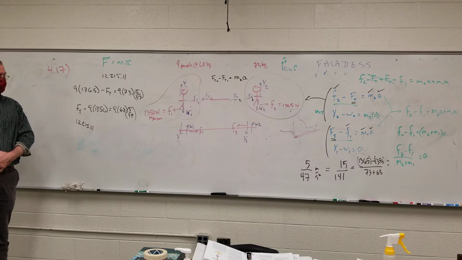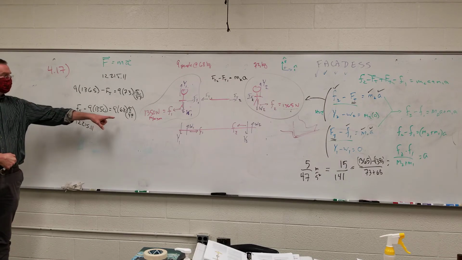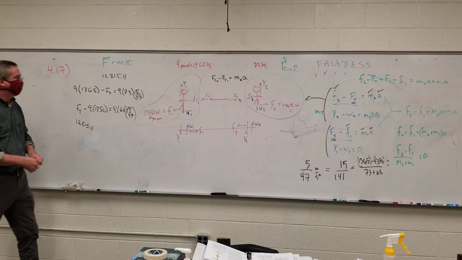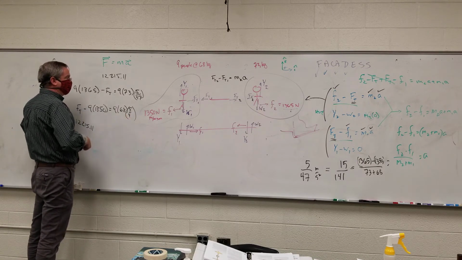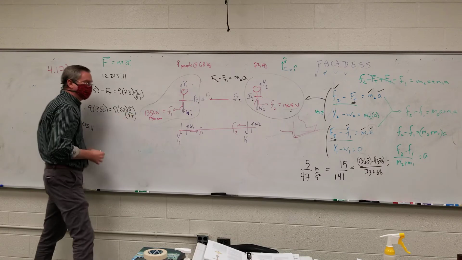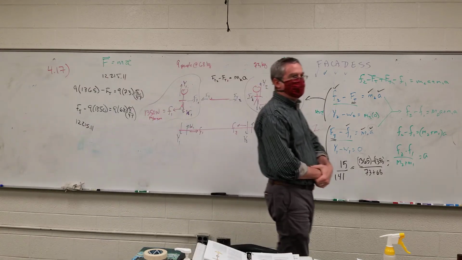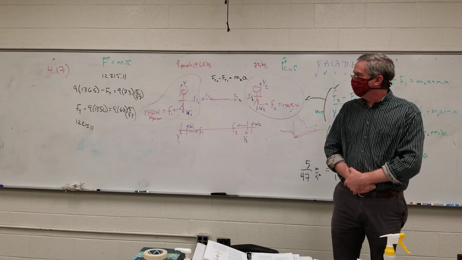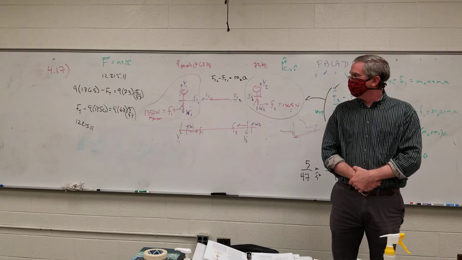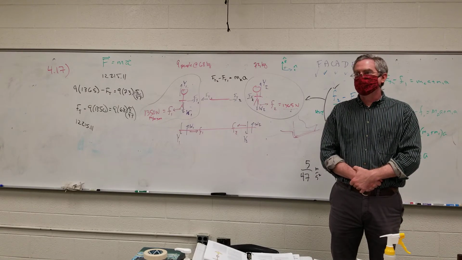I multiplied 9 parentheses 68 parentheses 5/49, and it gave me 60.47. There you go, it's 47. Oh, I saw 9, it looks nothing like a 9. That explains it. See, okay, now I got it.